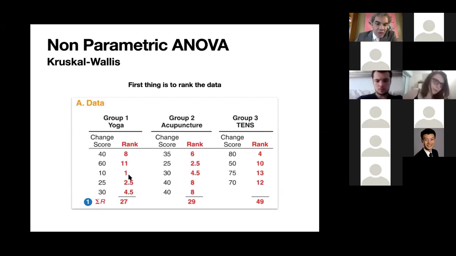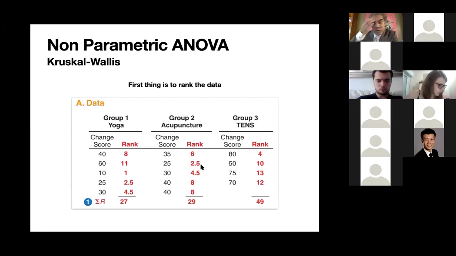But how can you get 2.5 here? Because for 25, you have how many 25s? 1 and 2. So one 25 would be rank number 2, and the other 25 would be rank number 3. So you sum 2 plus 3, which is 5, divided by 2, because there are two 25s, so it is 2.5 each rank.